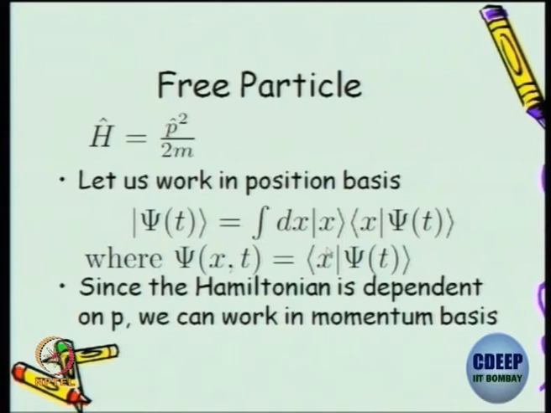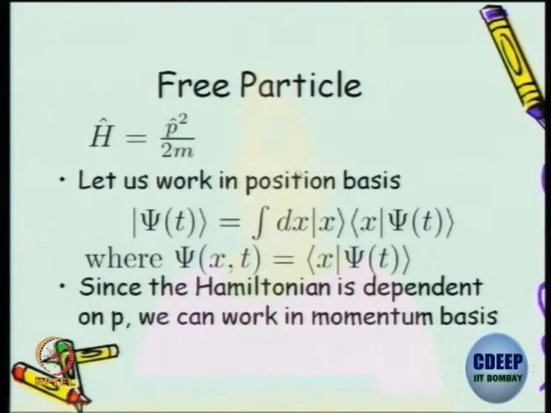So, convenience depends on the situation. Which basis you choose and how to go from one basis to another, all these things we did for a finite 2-dimensional linear vector space. We can do it even for the infinite dimensional, countable, uncountable, where you can define how to go from one to the other, or you can directly take an identity operator in the momentum basis, because the Hamiltonian states will be eigenstates of the momentum basis.